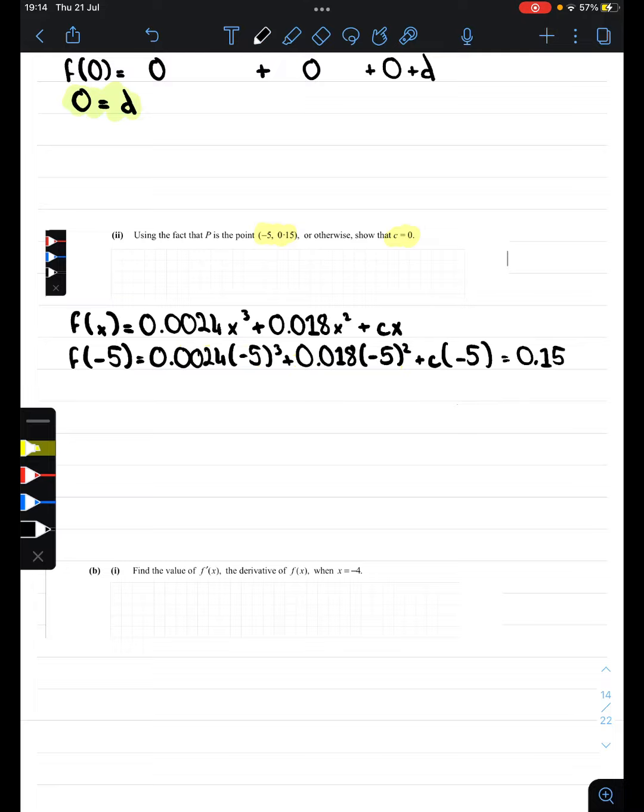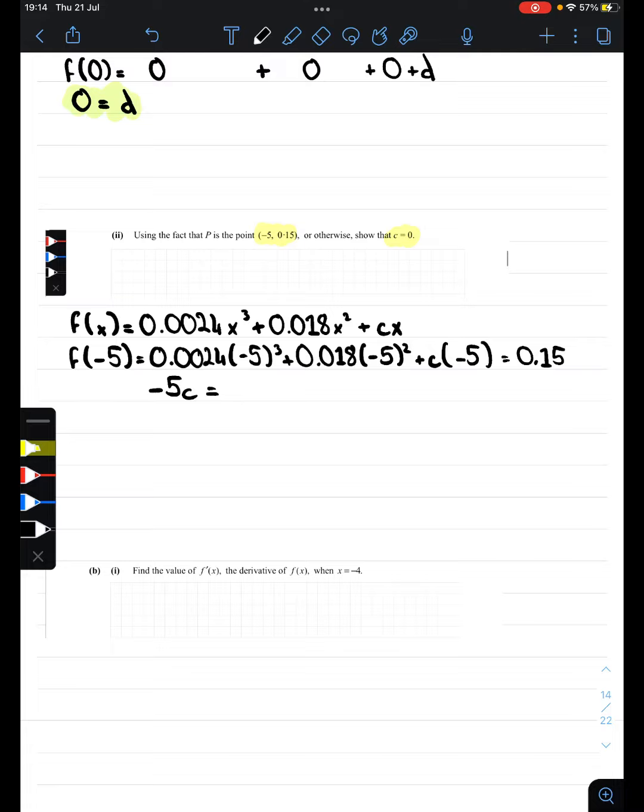This will give us minus 5c is equal to 0.15 minus 0.0024 by minus 5 cubed minus 0.018 by minus 5 squared.